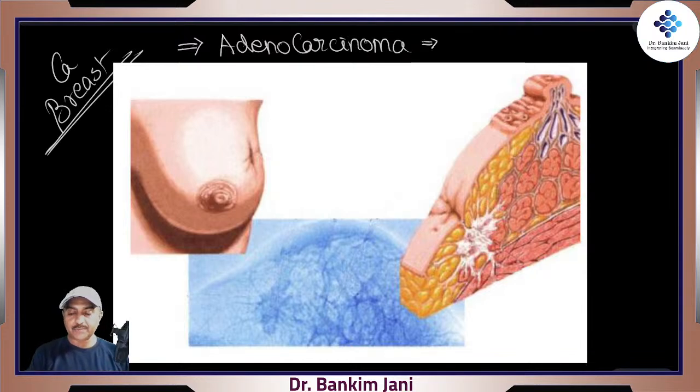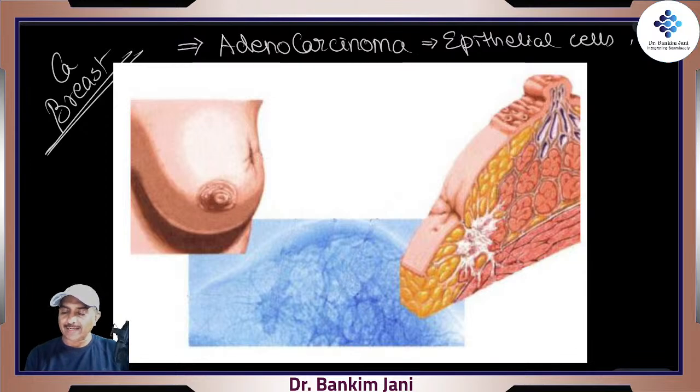From where does it develop? Now see, in the breast there are lactiferous ducts, the milk-producing ducts. So it develops from the epithelial cells of lactiferous ducts.